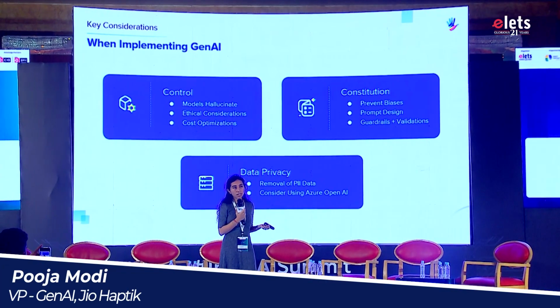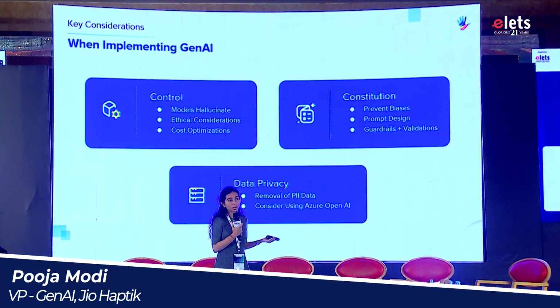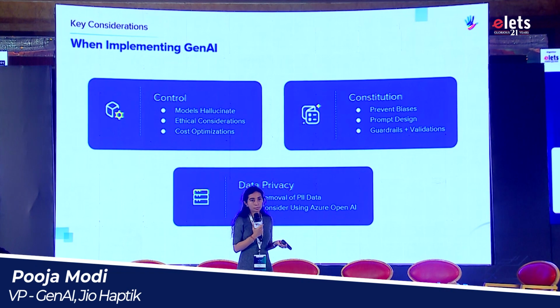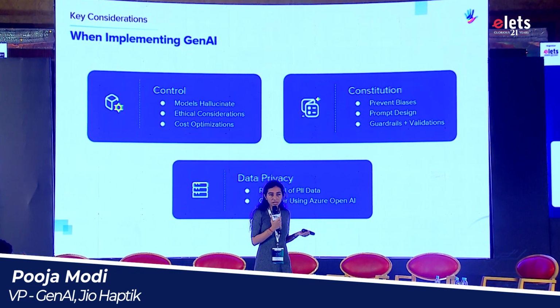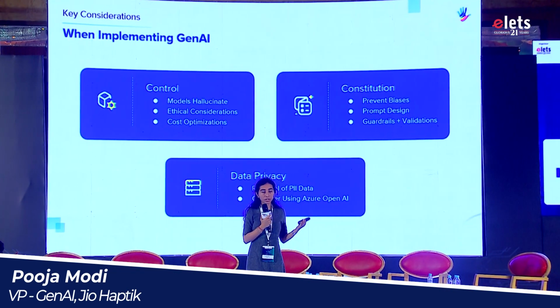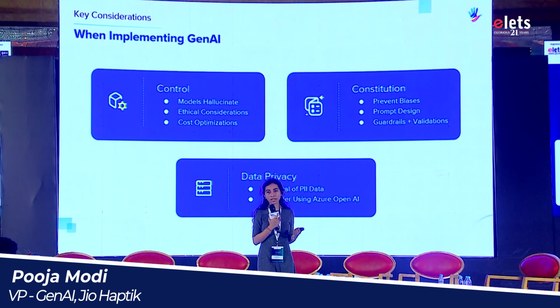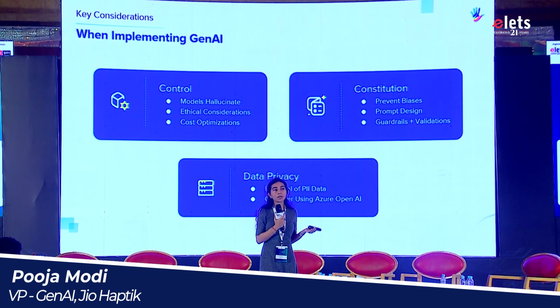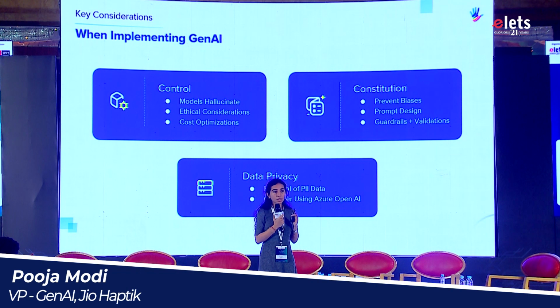So when it comes to data privacy, we have been an enterprise SaaS company for almost 10 years now. So we have a lot of checks and balances in place, a lot of certifications to ensure that customers' PII data is handled the way it should be, and there is no risk to the brand in this regard.